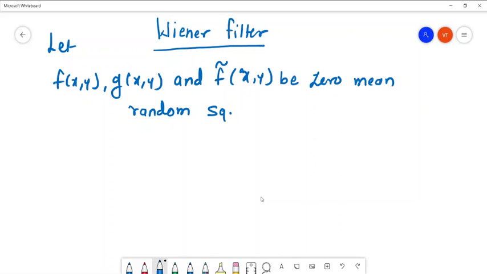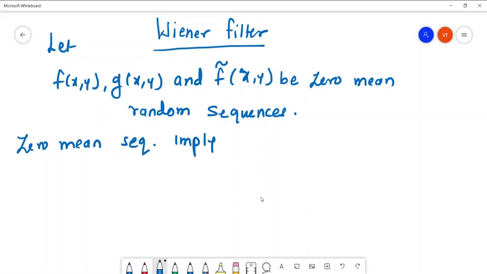So what is the meaning of this? Zero mean random sequences. The variation in the gray level within f of xy, the average of this is 0. Zero mean sequences imply the expectation or average of f of xy is equal to 0.